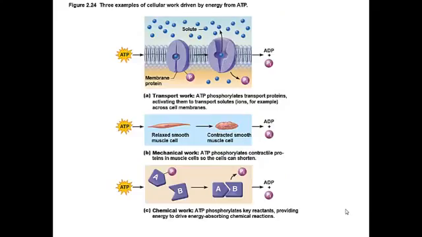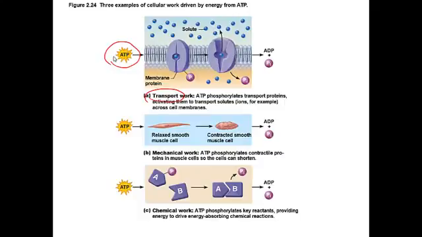This slide is showing 3 different examples of cellular work driven by the energy that is actually released from ATP. And this is figure 2.24 in your textbook. In the first example here we have transport work. Whenever any molecule has to go across the plasma membrane, ATP is going to be necessary for that to happen.